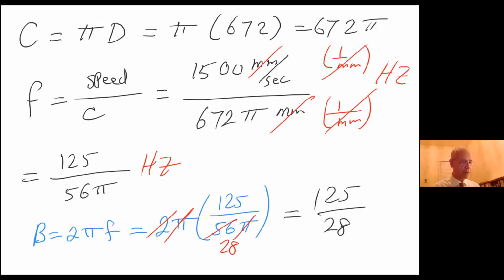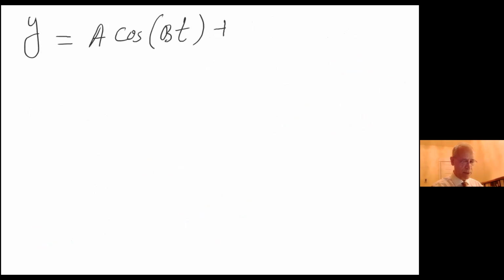Okay, let me go to the next page. We said that we want to use y equals a cosine of bt plus k.